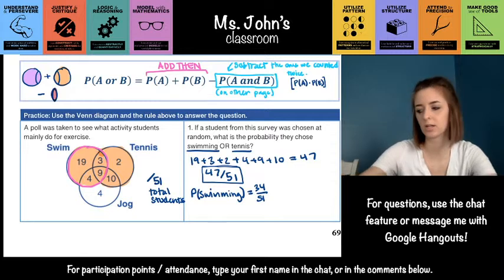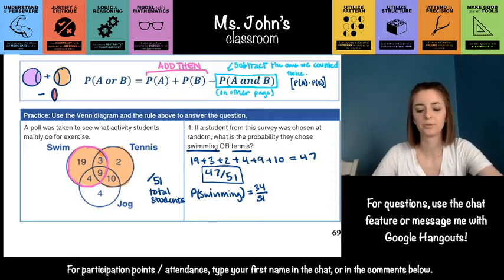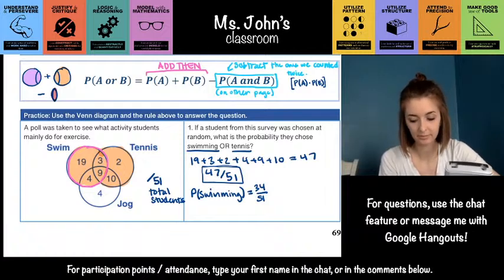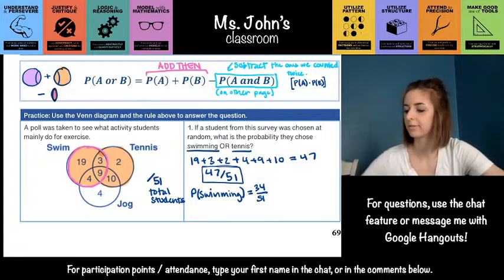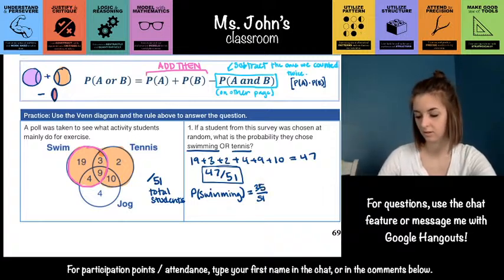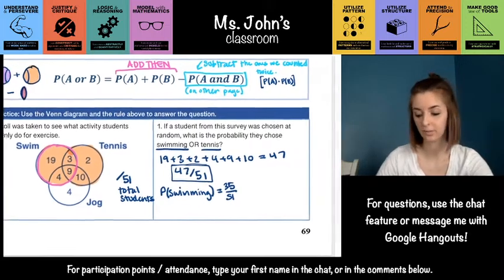Let me double check. I'm using my old calculations, and that's always dangerous. 19 plus 3 plus 9 plus 4. Oh, it's 35. That's what was wrong. 35 out of 51. That's the probability of just swimming.